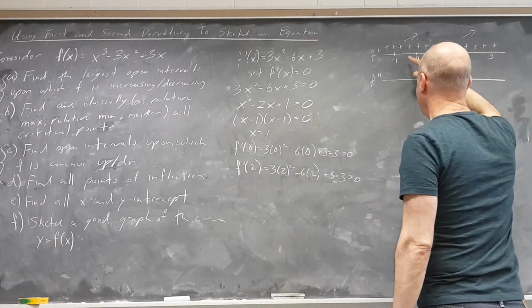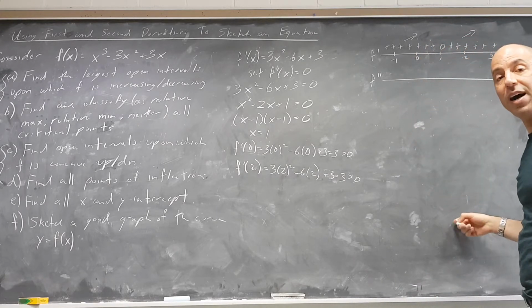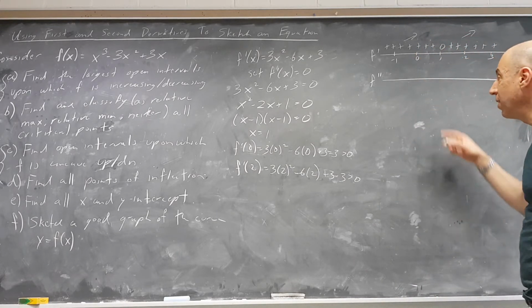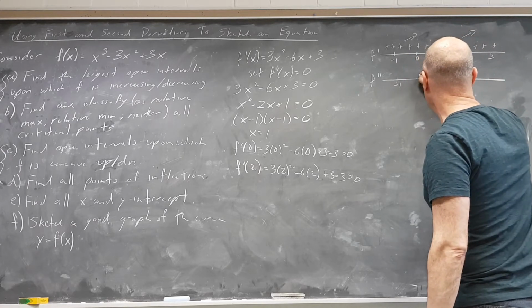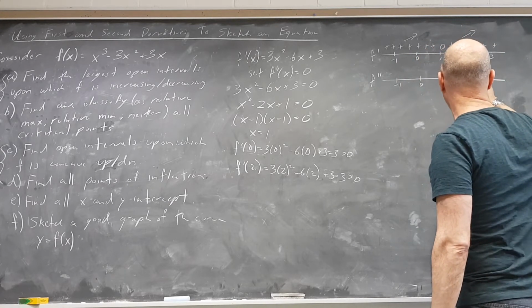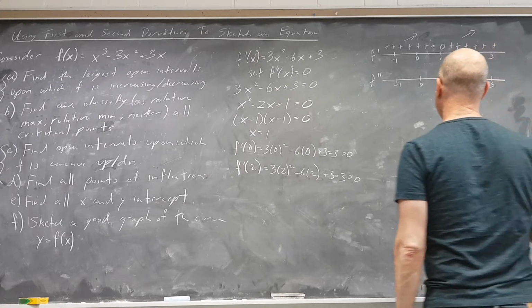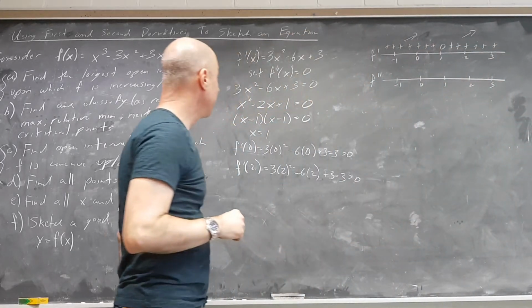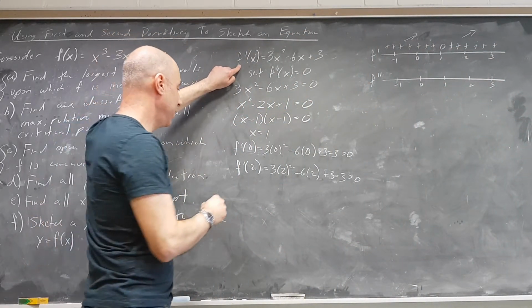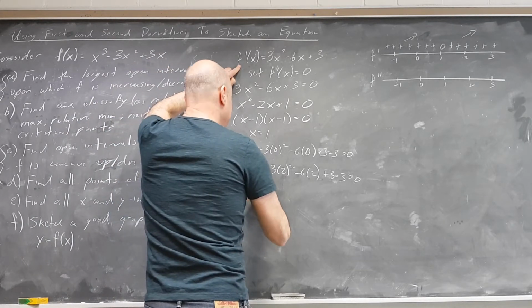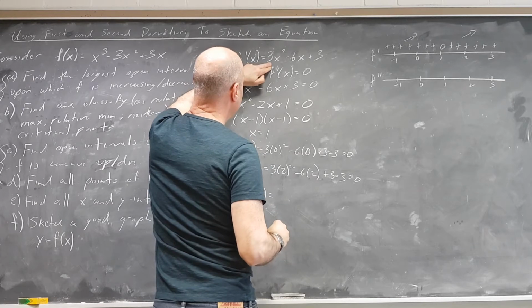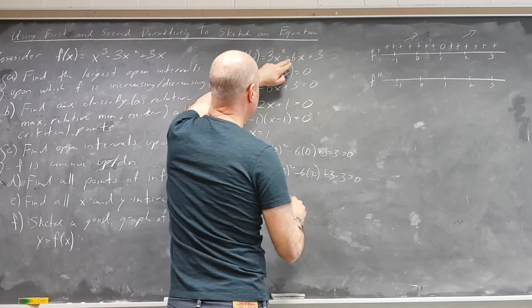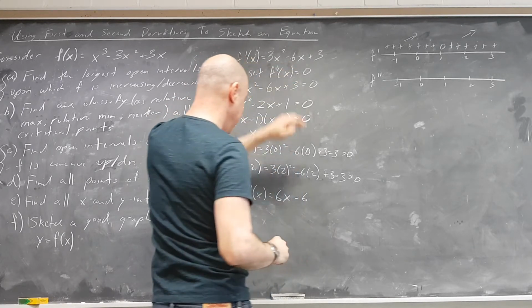I'm going to keep my sign chart for f double prime and my graph all lined up. So I'll keep the x values all lined up: -1, 0, 1, 2, 3. So here's my f prime. F double prime of x is equal to 6x minus 6.